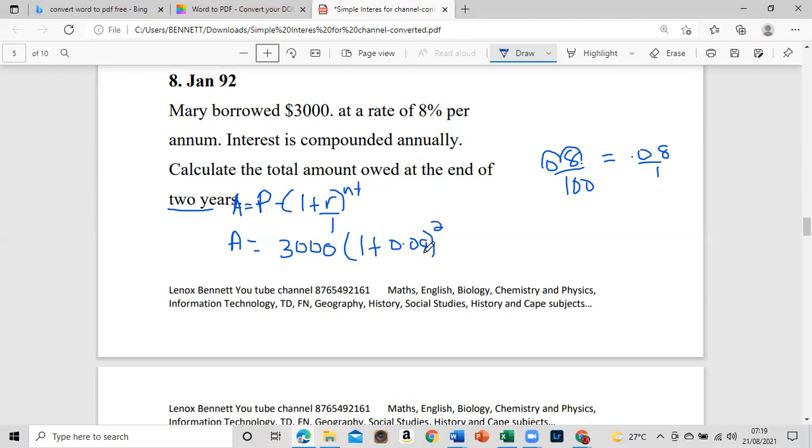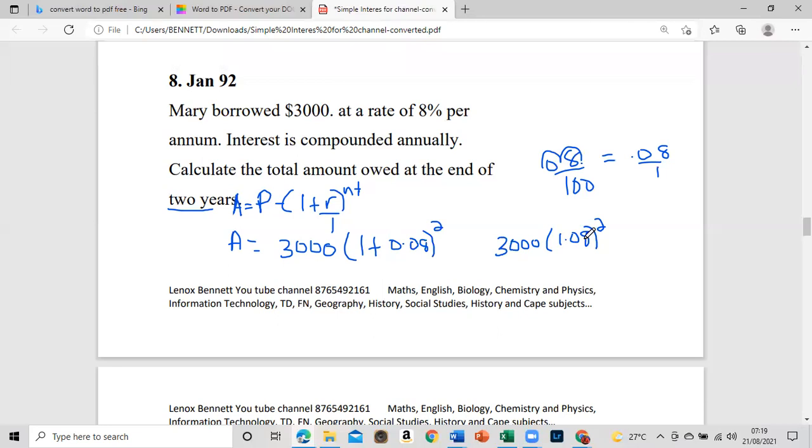So when we work out the bracket, it's very simple, you know. A lot of people find it challenging, but it's very simple. We add 1 to this, so we get 1.08 to the power of 2. Guys, remember, we must do the power part first. BODMAS rule. So 1.08 to the power of 2 gives 1.1664, times 3,000, and that's the answer.